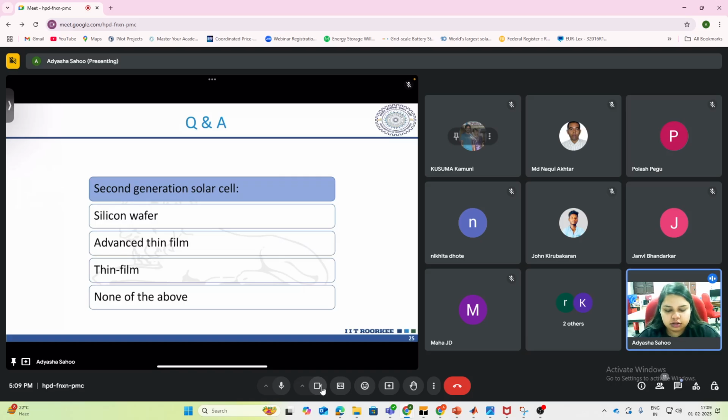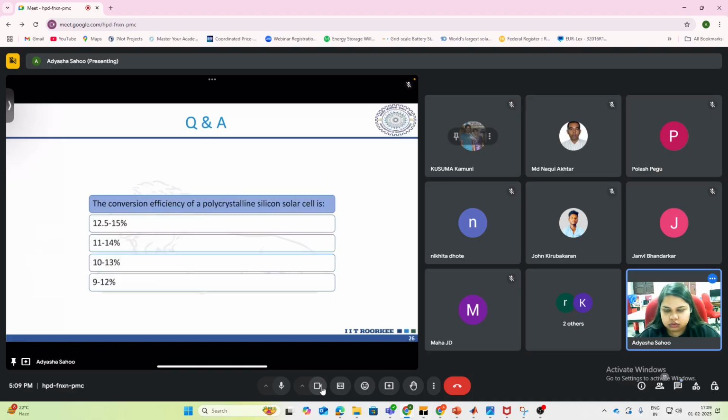Yes, the second generation was thin film type only. Yeah.